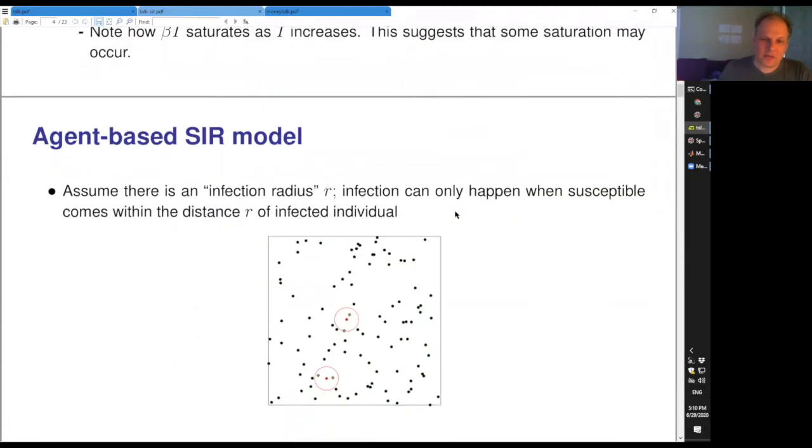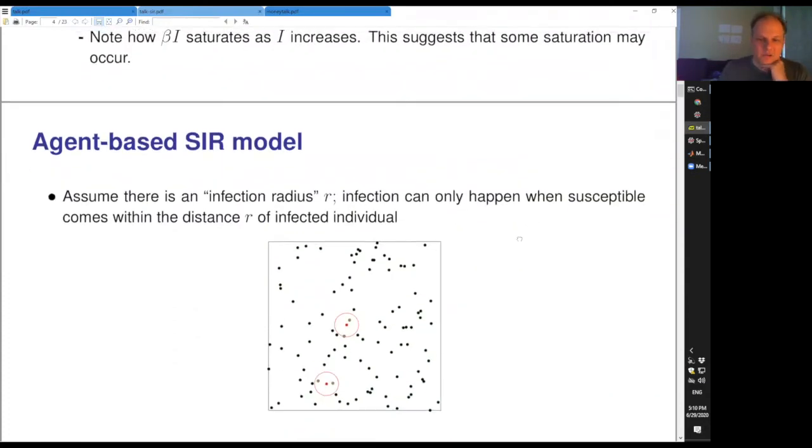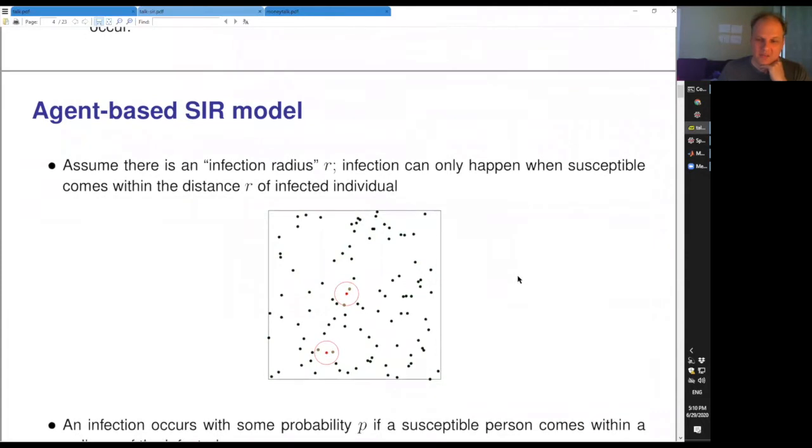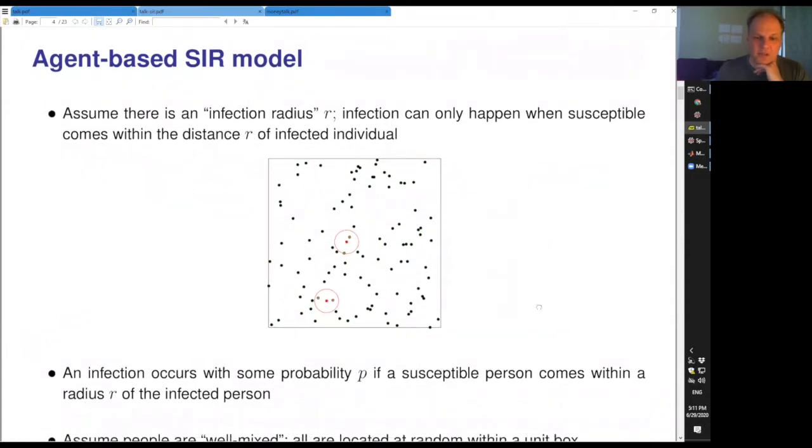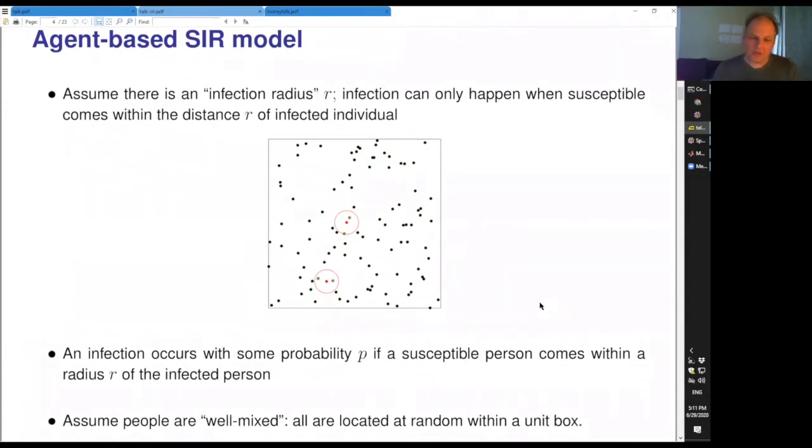So let's have a look. One way we can think about this is to look at agent-based models. Instead of looking at ODEs for the SIR model, let's look at an agent-based model. Here's the model we're going to use that tries to incorporate the spatial component. We assume a very simple model.